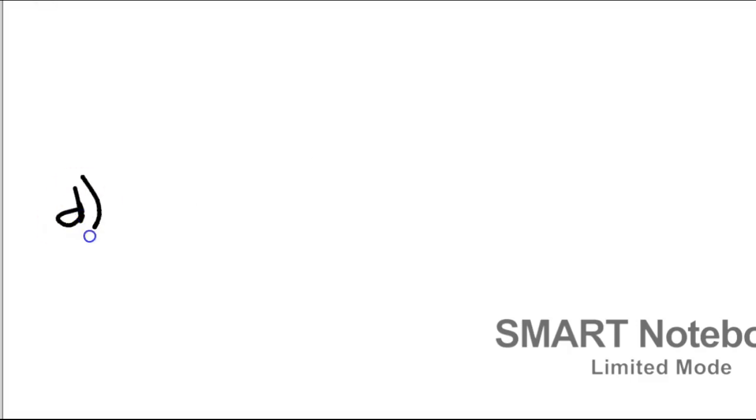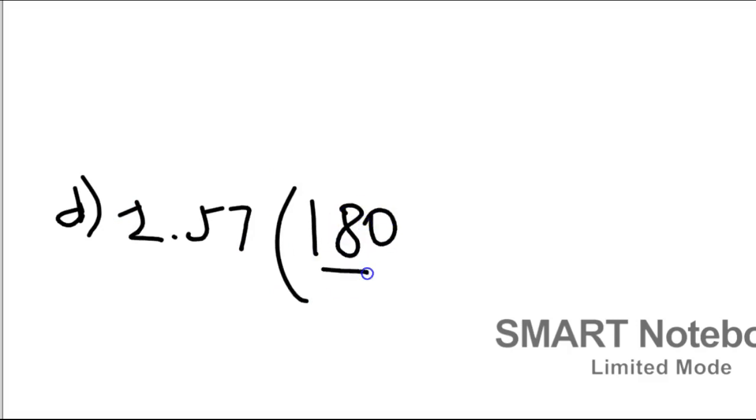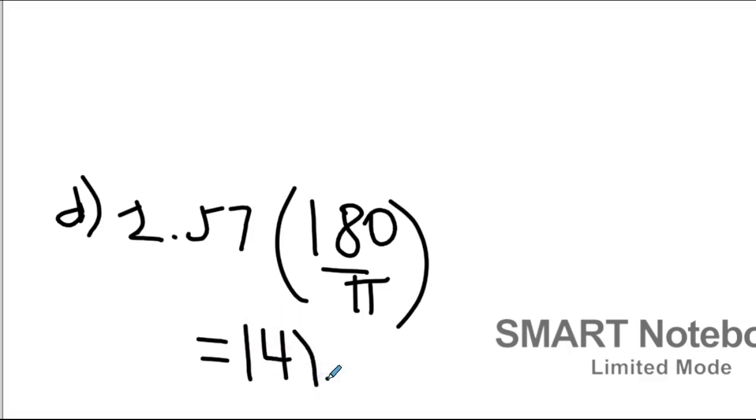So for D, 2.57 times 180 over pi. So I'm just going to go 2.57 times 180 divided by 3.14, and you'll get 147.25.